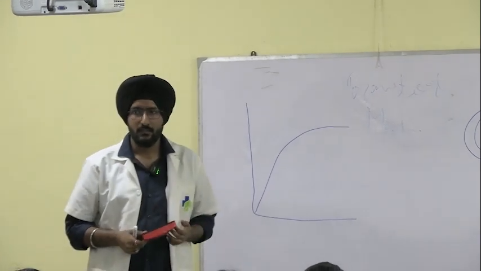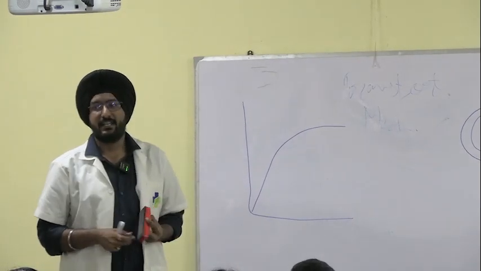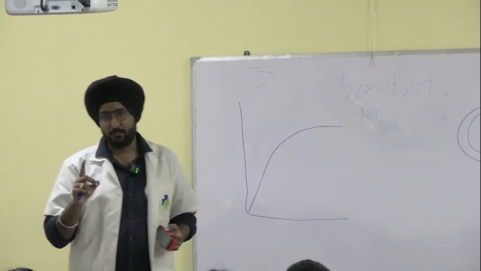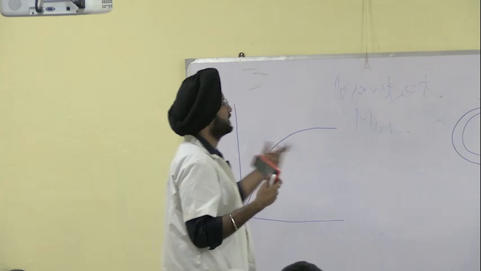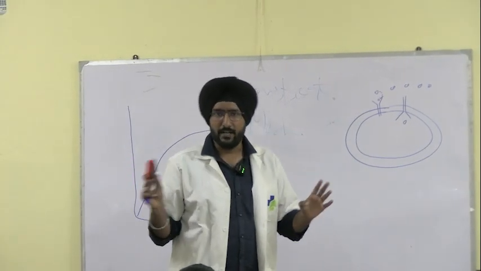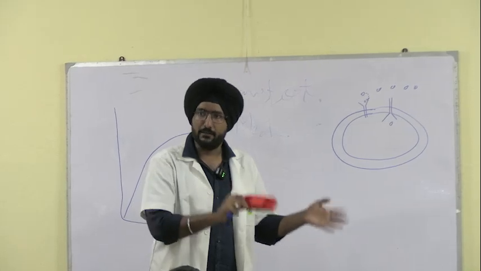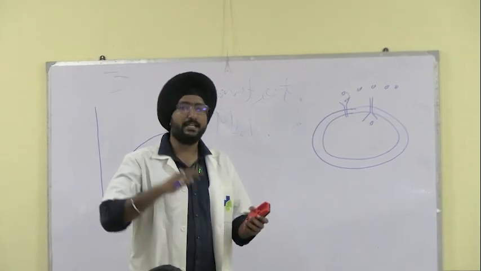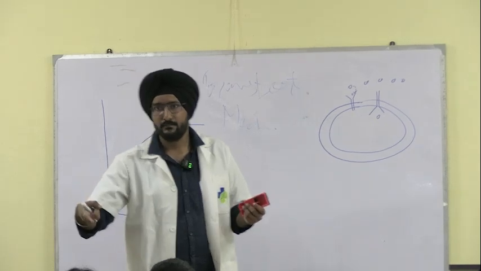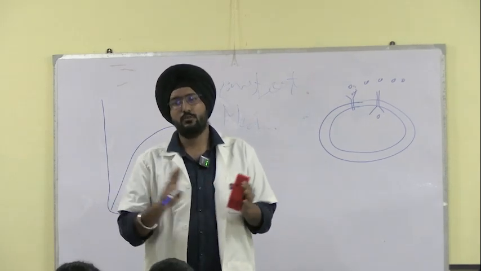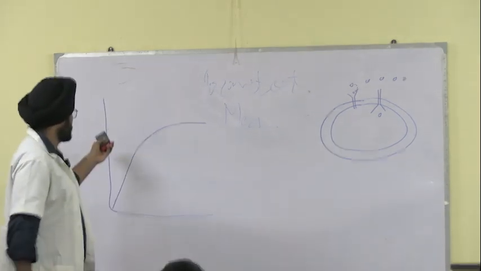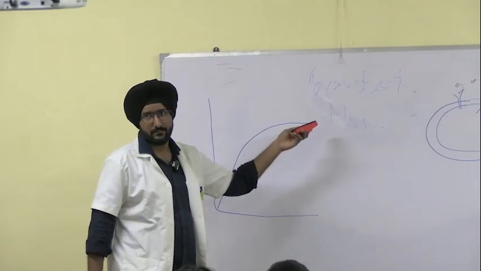Saturation of carrier proteins, because carrier proteins are limited. If there are 100 carrier proteins and you have infinite molecules to be transported, initially 5 will get engaged, 10, 20, 50. Eventually all carrier molecules will act at full efficiency. After that, no more increase in the rate would be seen. The rate of transport would become constant with time.